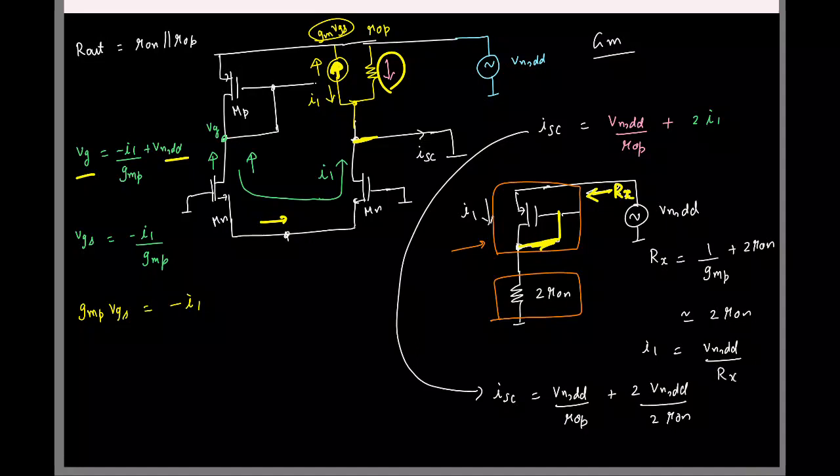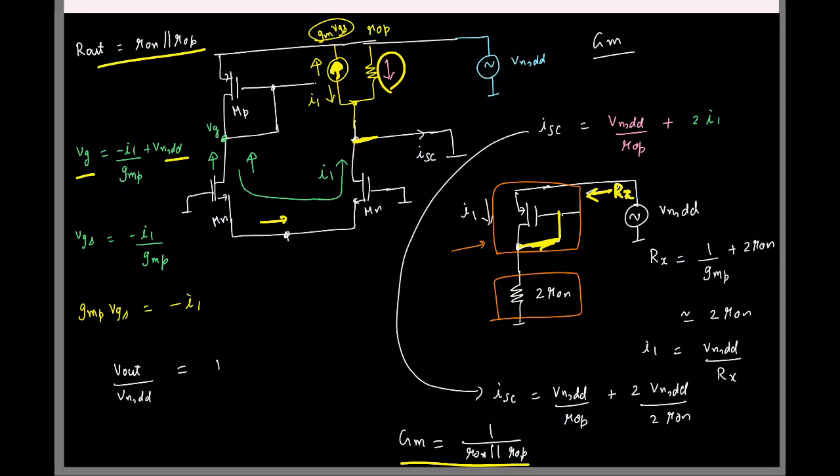So what is the short circuit gm then? It's 1 by r0n parallel r0p, right? Be careful with the dimensions. So this is my short circuit gm. You also know the output resistance, so my Rout is this, gm is this.